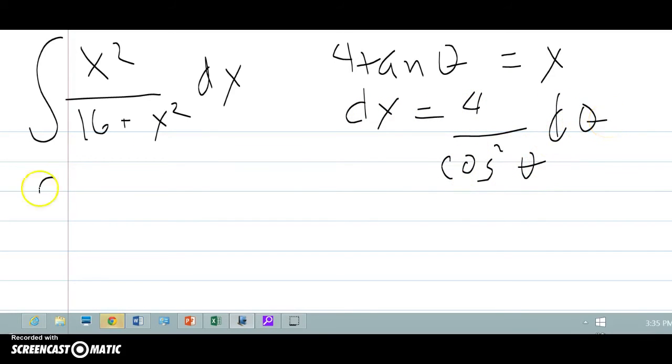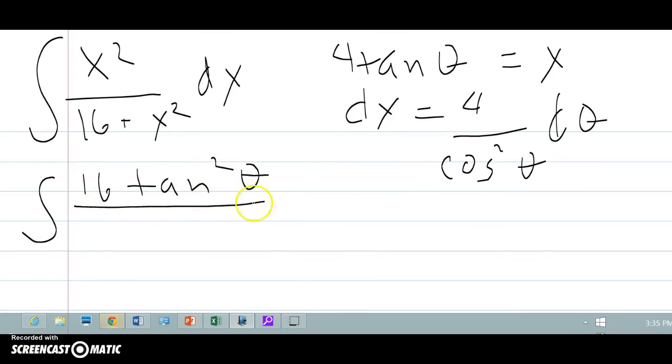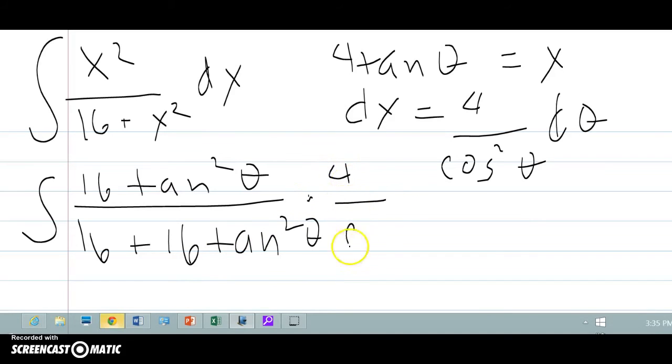So now substituting, x squared becomes 16 tangent squared of theta. Here my 16 is still 16 plus x squared, which is 16 tangent squared of theta. And the dx is going to be times 4 over the cosine squared of theta, all times d theta.